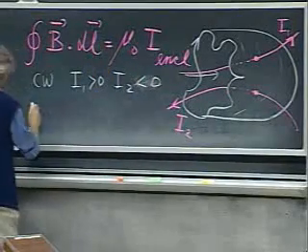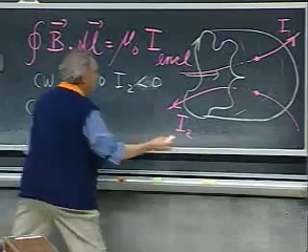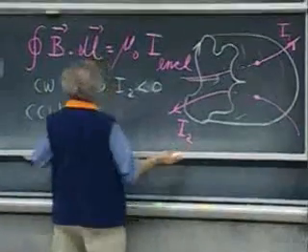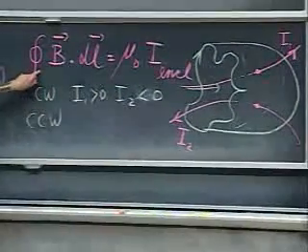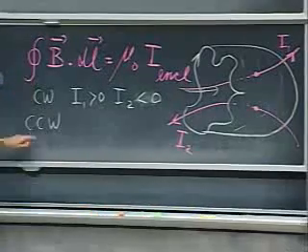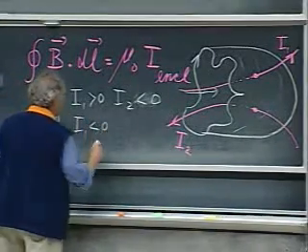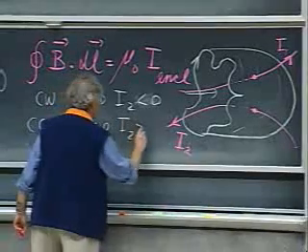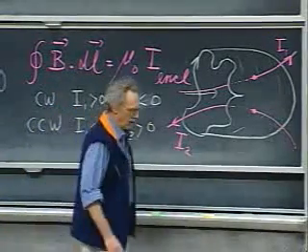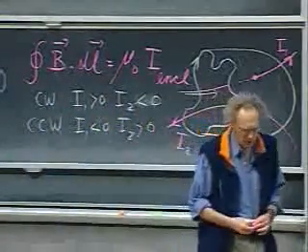But if you decide to go counterclockwise, which is perfectly fine, Ampere's law doesn't at all dictate in which direction you have to march around, then I1 would be negative, and I2 would be positive. So we follow the right-hand corkscrew notation.